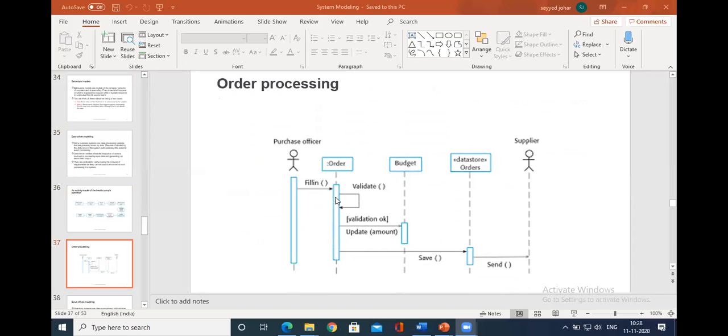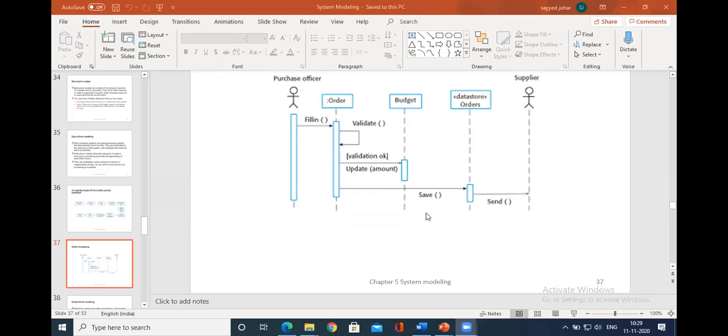And the active state: till here it is inactive, and from here it is active. Till here you have dotted lines connected on this bar. Till here the budget operations is inactive. So once we have a validation, that is the processing of validation here, it gets active. So this is what you need to understand.